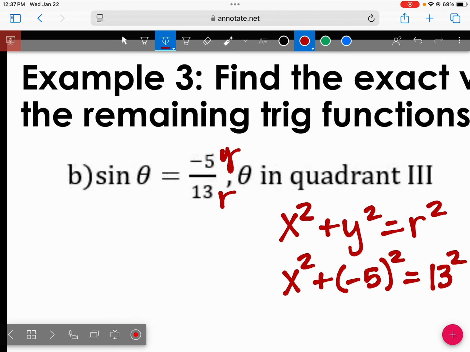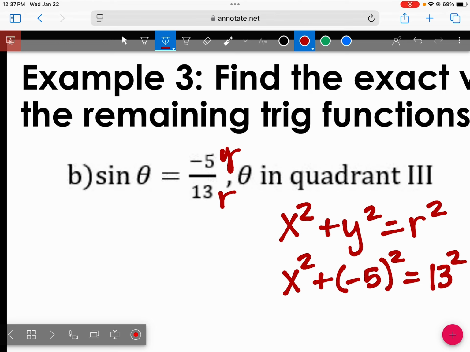All right, so let's go ahead and find the other 5. We're in quadrant 3. The next thing I would find would be, what is the sister to sine? Cosecant. So the cosecant of theta will be negative 13 over 5. Again, we know we're in quadrant 3, so cosecant is negative. What do you want to find next?